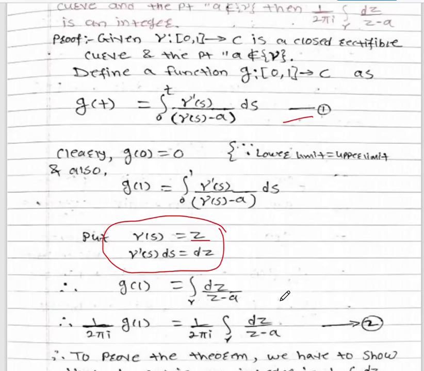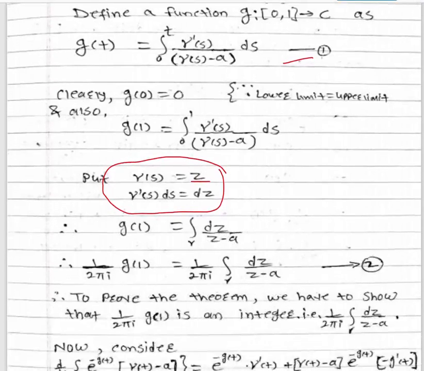Multiplying both sides by 1 upon 2 pi i, we get 1 upon 2 pi i times g of 1 equal to 1 upon 2 pi i times the integral over curve gamma of dz upon z minus a, equation number 2.